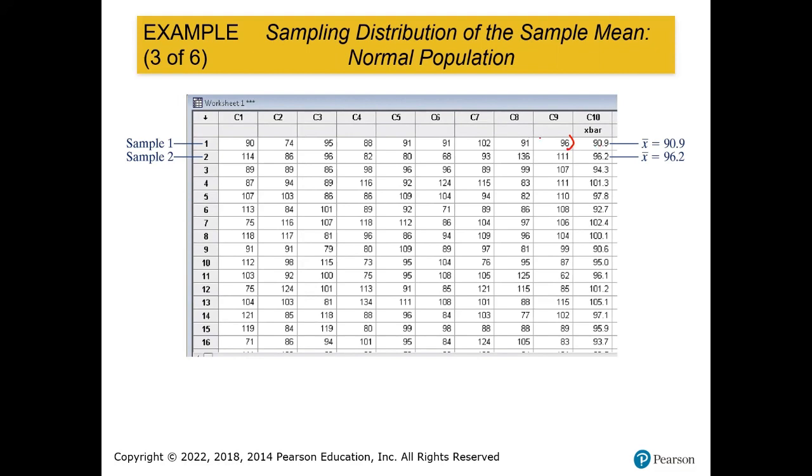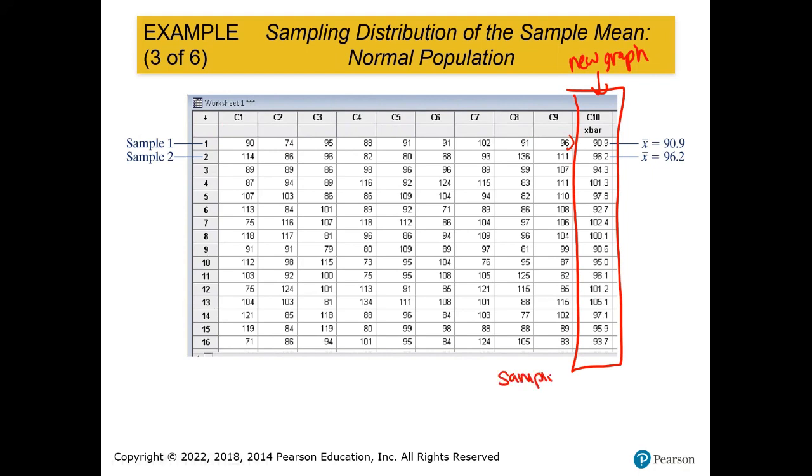So these 9 values were taken from the population, and we calculate the averages over here. The averages are going to be our new graph. This is what we're going to graph to create our sampling distribution of the mean using sample size 9. Sample size 9 means there are 9 in my sample, and I repeat that process however many times.